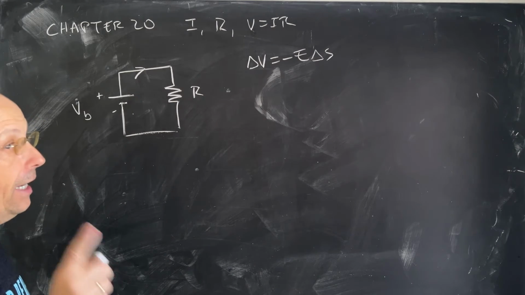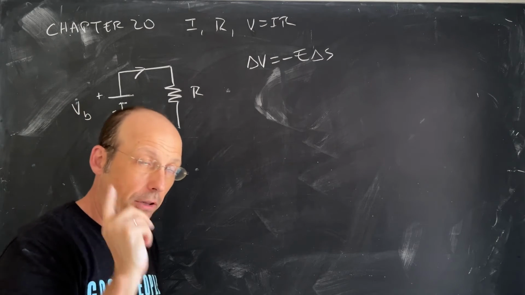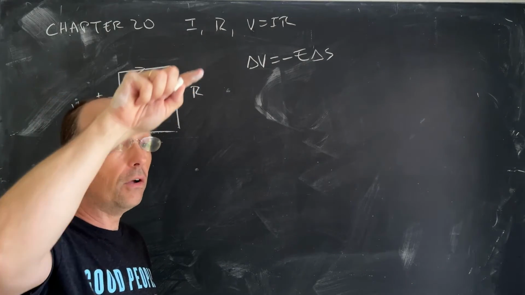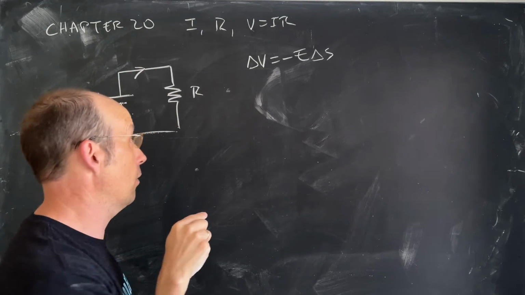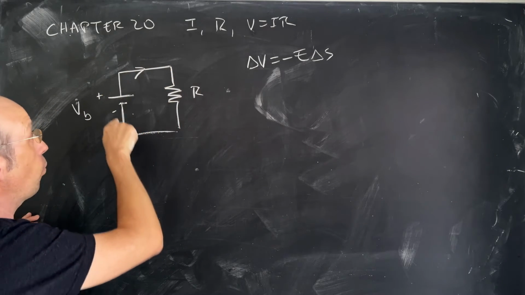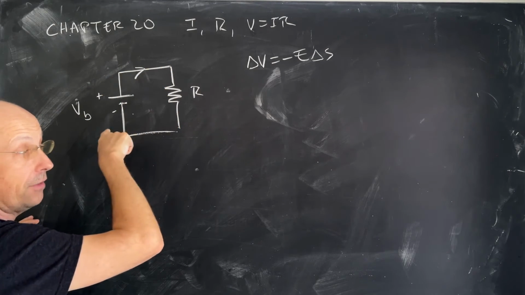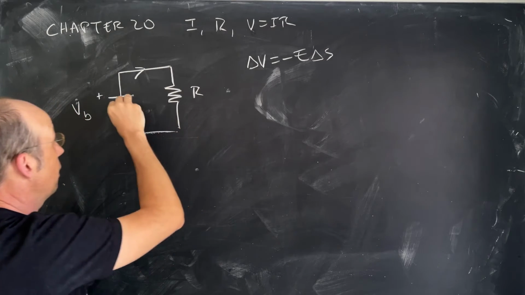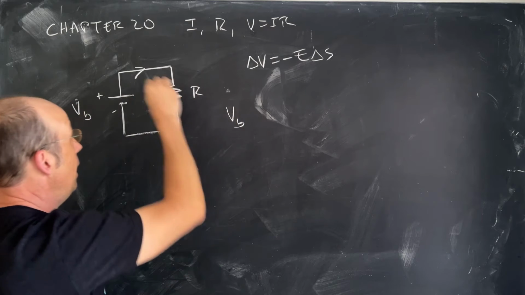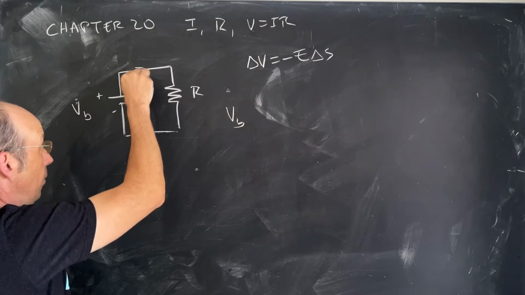We can do that if it does not depend on the path, which means that the work around a closed path has to be zero. So here we can use that same thing, right? If the work done around this closed path is zero, I can say the voltage across the battery, I'm going this way, VB, and that's going to make an electric field going that way.